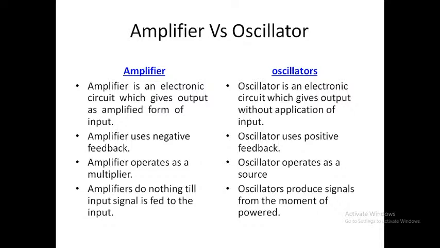Amplifiers do nothing till an input signal is fed to the input. So as long as there is no input signal to the amplifier, you will not get any amplified output. But in oscillators, the moment the oscillator is powered on, you will get an output signal.